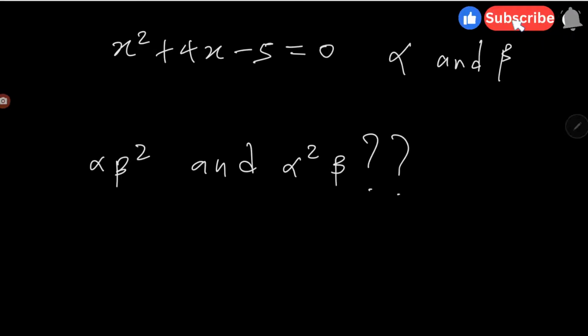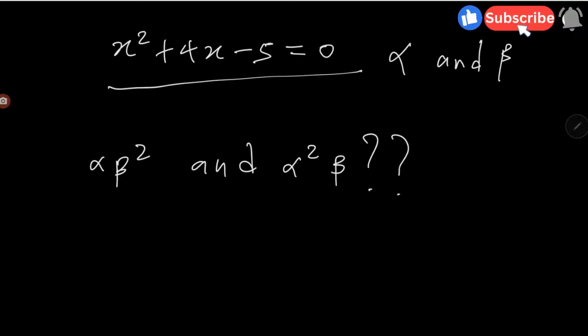So the goal is to first determine the sum and product of the given quadratic equation, and when we do that, we'll use it to be able to find the sum and product of the roots that are given for the quadratic equation that we seek to find.